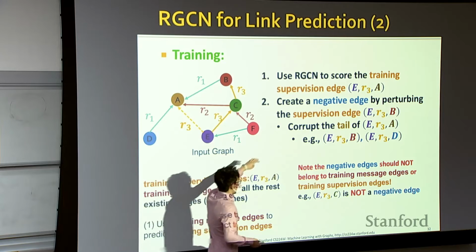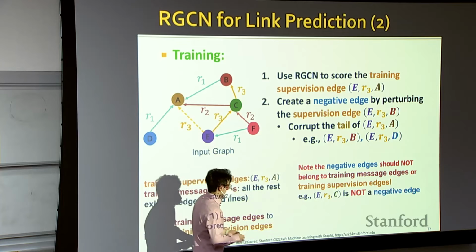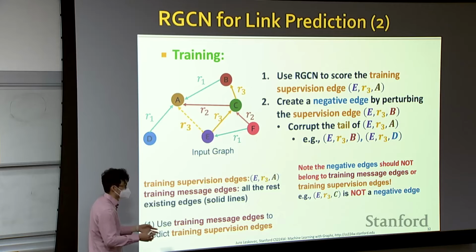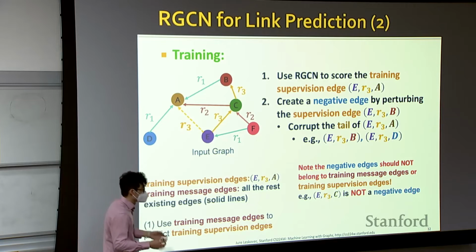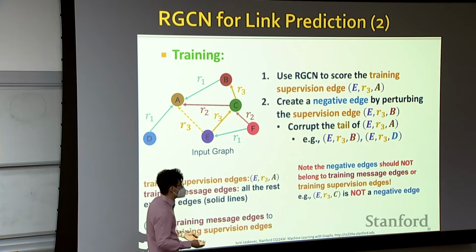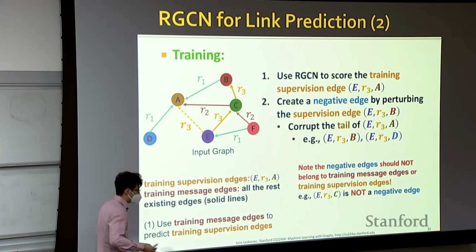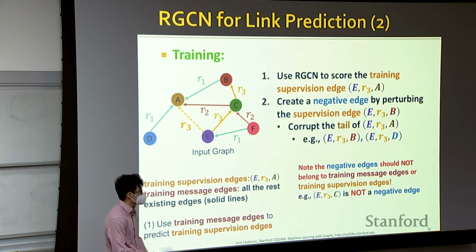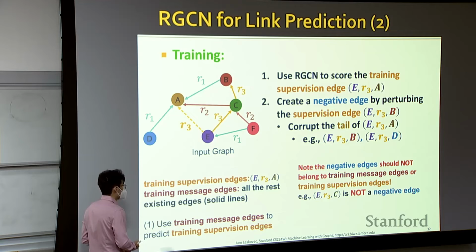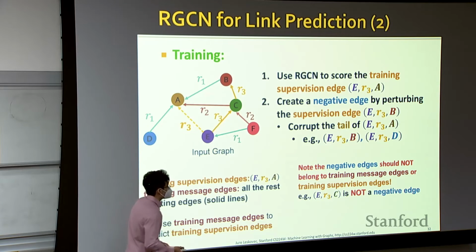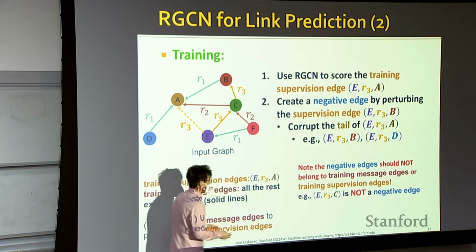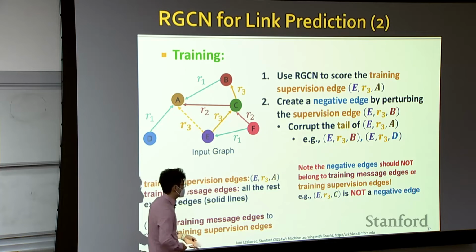So when we want to make link predictions, besides the so-called positive edges, because we know that there should be a link between this pair of nodes, we should also additionally consider negative edges. Otherwise, the classification is not well defined, right? We should have both positive examples and negative examples when we define a machine learning problem. And how do we generate these negative edges? One common way is to corrupt a ground truth positive edge.